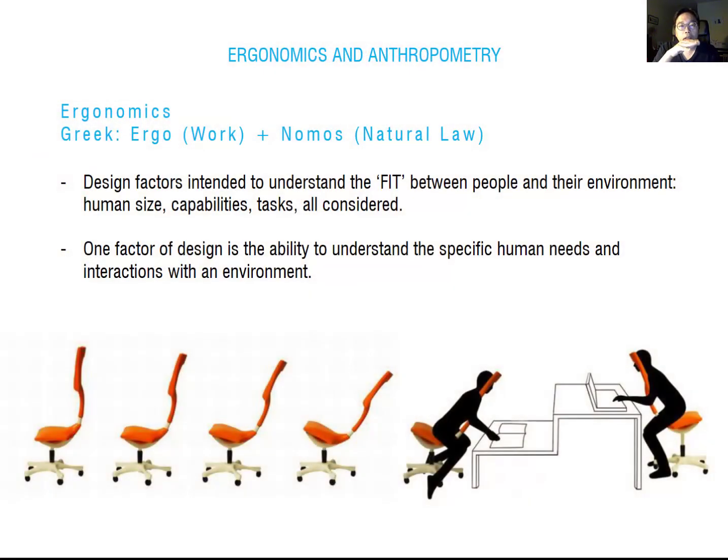So next, we talk about ergonomics. Ergonomics is also a Greek word. Ergo means work, and nomos means natural law. So ergonomics is the study of people's efficiency in their working environment. We have to understand specific human needs and interaction with the environment and space.